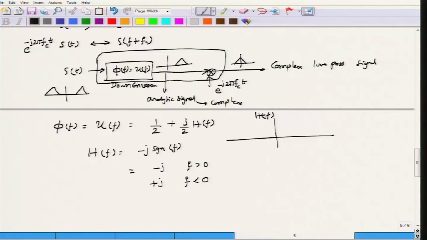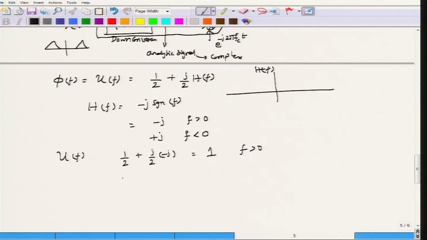So U(f), when f is greater than 0, will have half plus j by 2 into minus j, but minus j times j is 1, so this gives 1 when f is greater than 0.